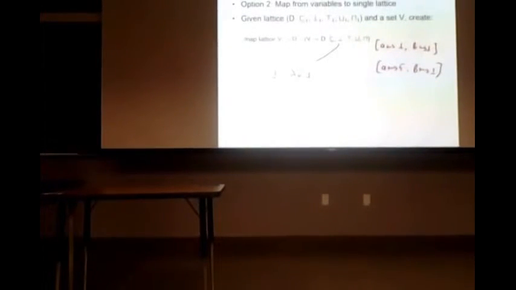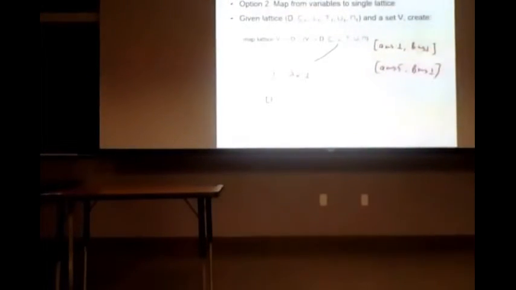So for example, what is this going to do? This is how I define, if I have A, A join B is going to be a function.